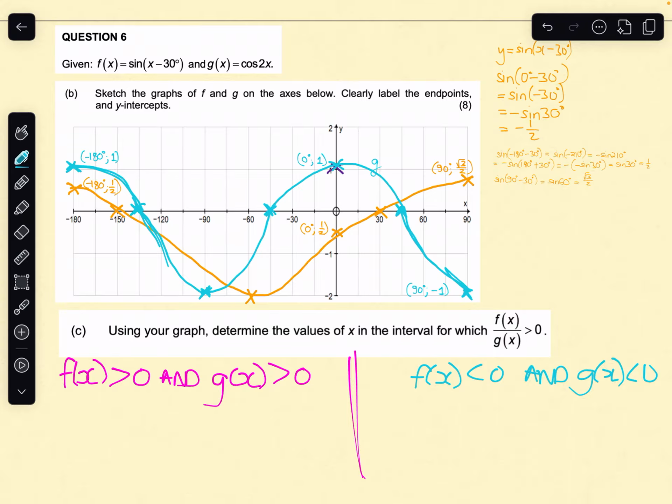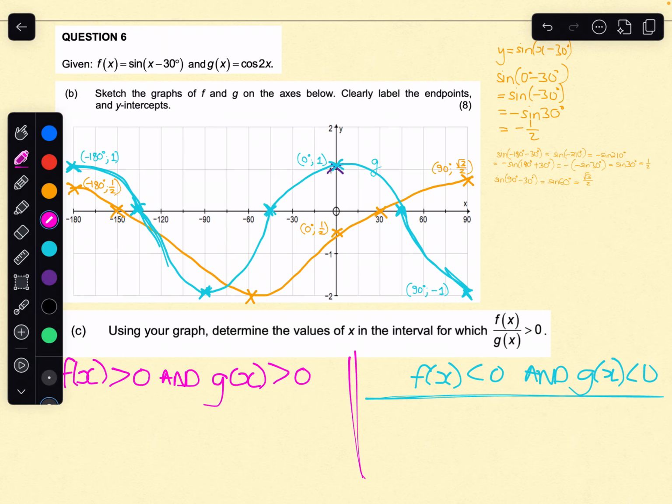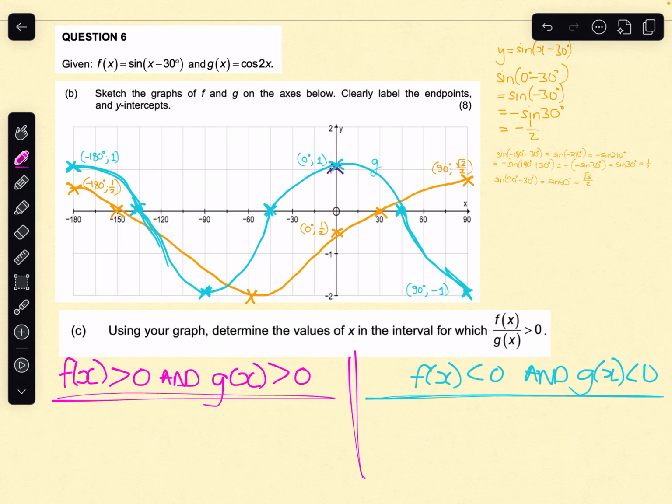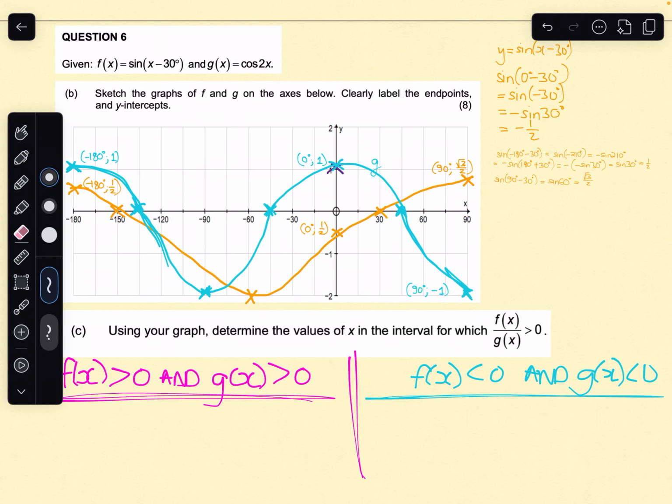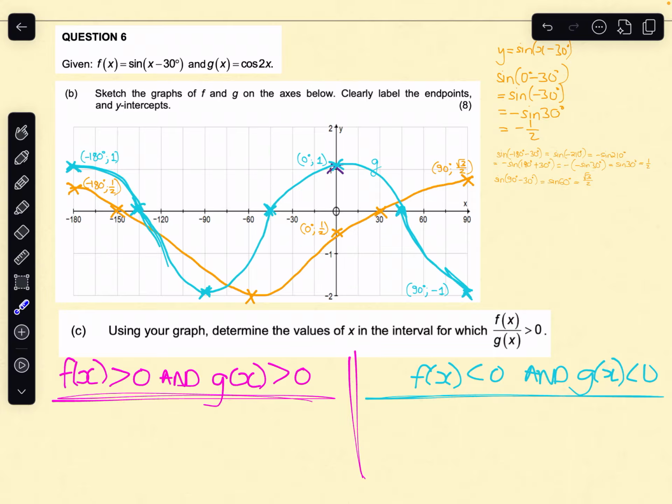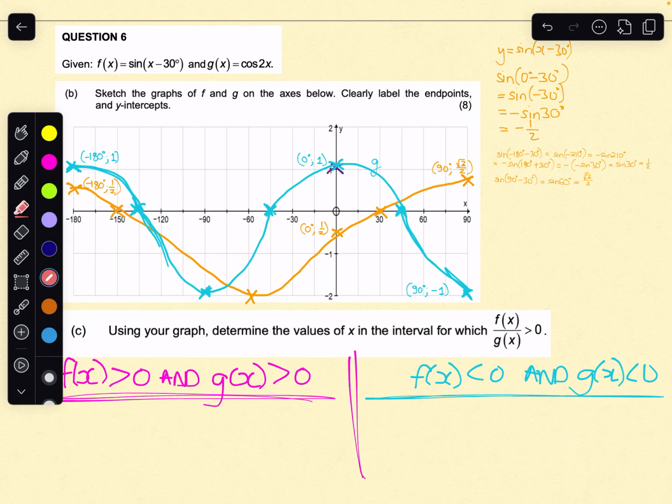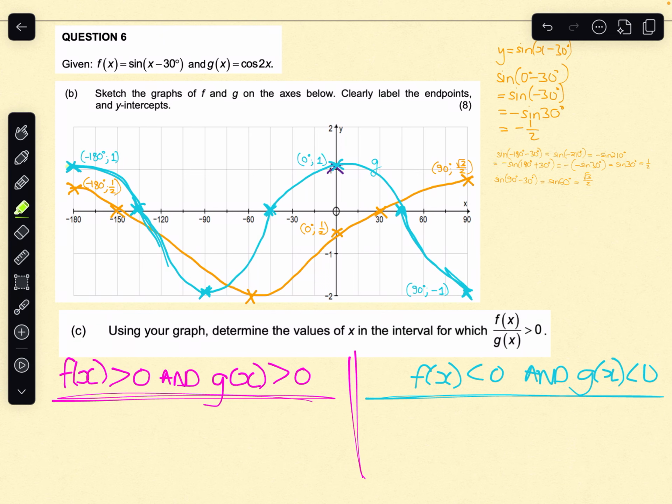Right, and what I always find easiest with these questions is, let's say we're looking at this first case, places where f of x is positive and g of x is positive, I'll start by highlighting the places where f of x is positive. So that would be over here.